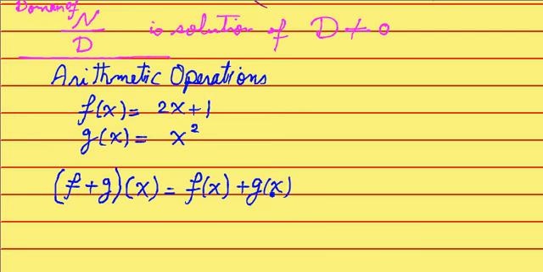But the language I just used is rather abstract. Essentially, if you want to add f and g, you do exactly what comes naturally. You just add the two outputs. So in this case, it would be 2x plus 1 and x squared. To add two functions means that if you pick an input, the output is whatever you get by adding the individual outputs.